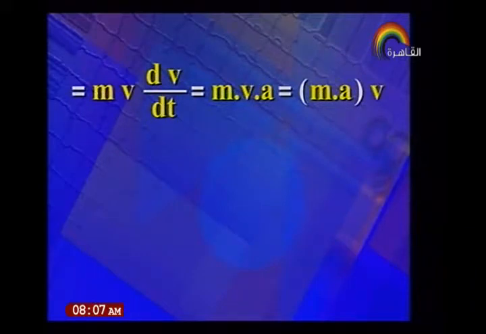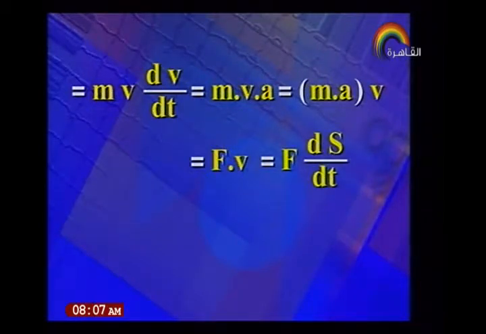Equals m times a times v. What do you mean by m times a? Excellent, student, the force F times v. F is force, and v is the differentiation of displacement with respect to time t, so it equals F ds over dt.